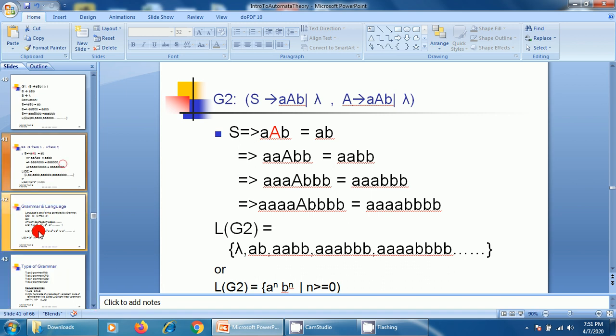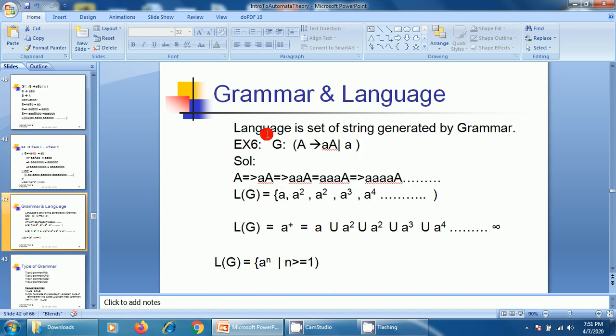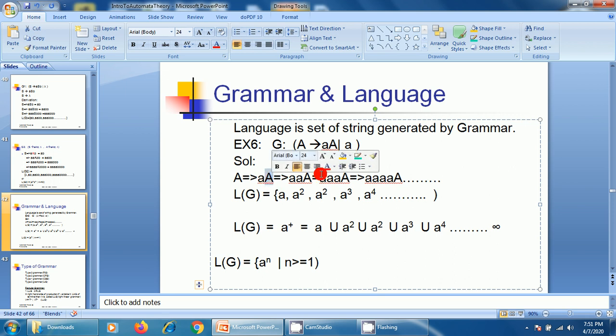Okay, now see here one more example. A tends to aA and A tends to small a. Take the first production, A tends to aA, A tends to a. In place of capital A, what can we write? In place of capital A we can write small a capital A, or we can write small a.